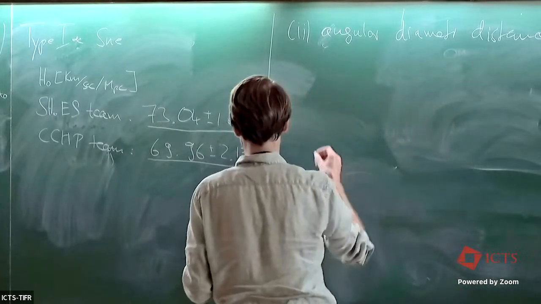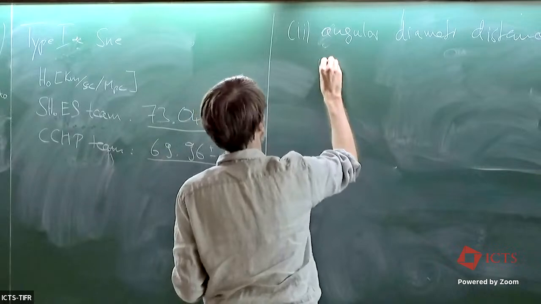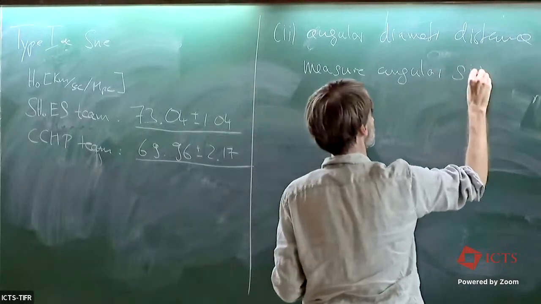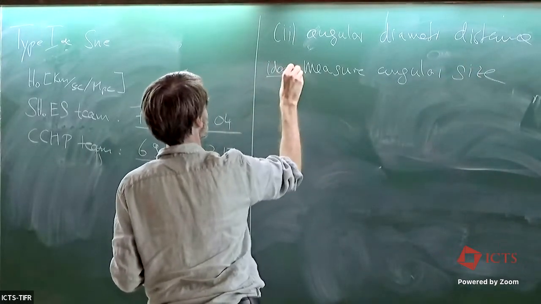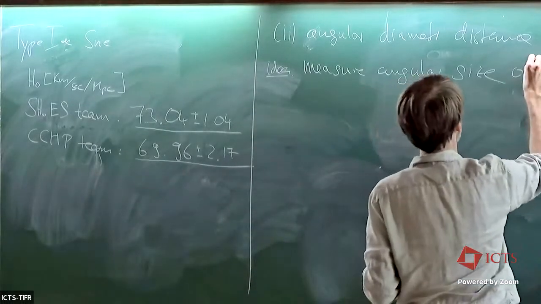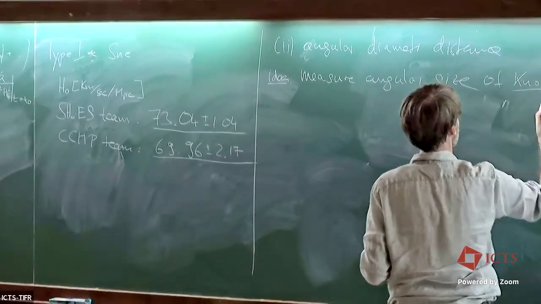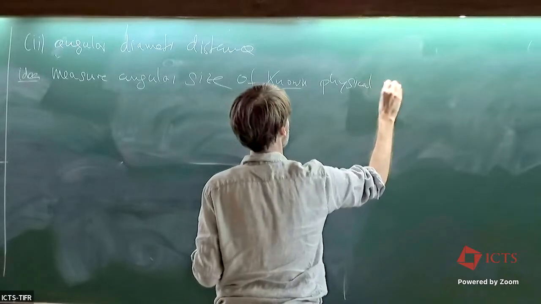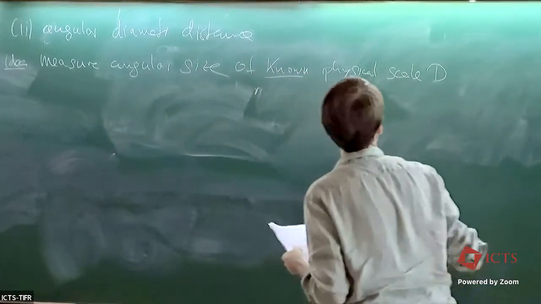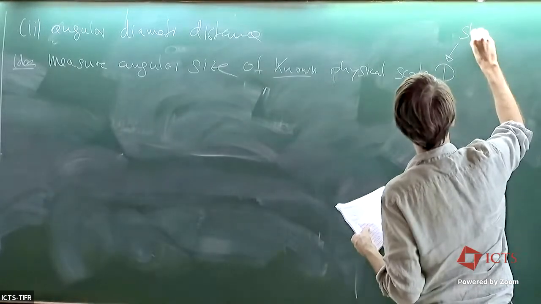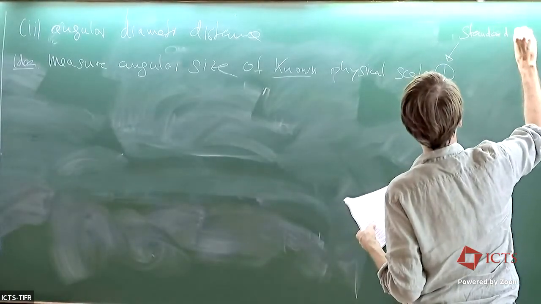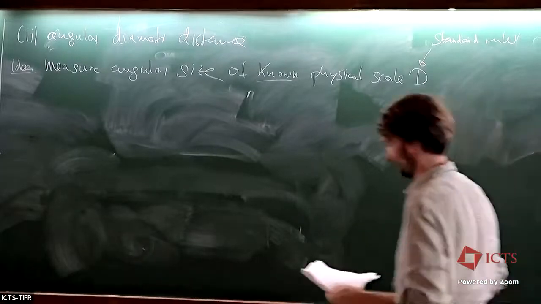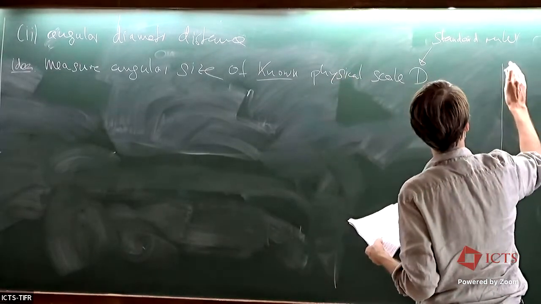Here the idea is to measure angular size of known physical scale, which I call capital D. And this is also what we call a standard ruler. So instead of a standard candle, where you know the brightness, you use something where you know the physical scale. So the picture is that.